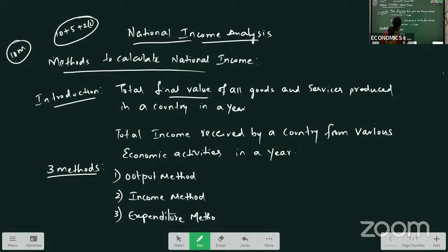So what are the three methods to calculate national income? Output method, income method, and expenditure method. Okay, so now we will see one by one what these methods are. What is the first method? First method is the output method. Under the output method, how do we calculate here?